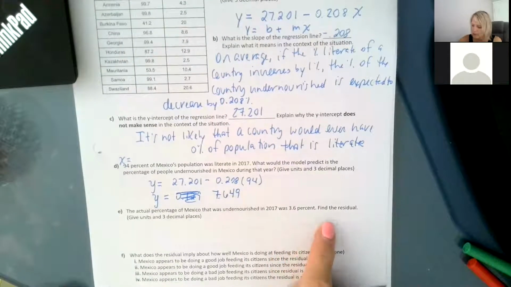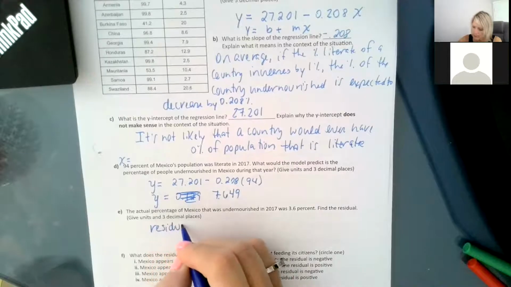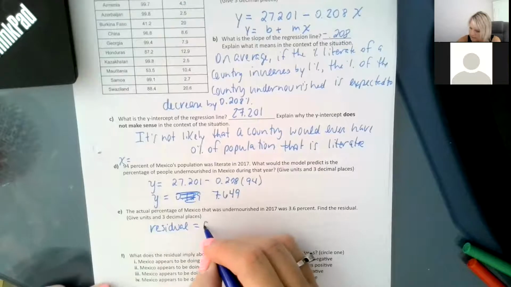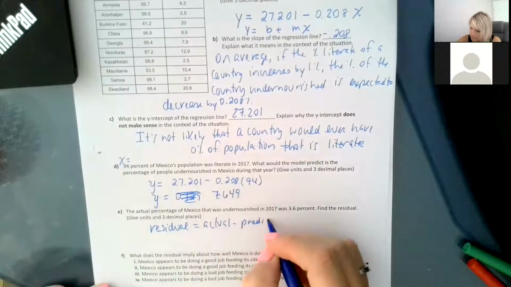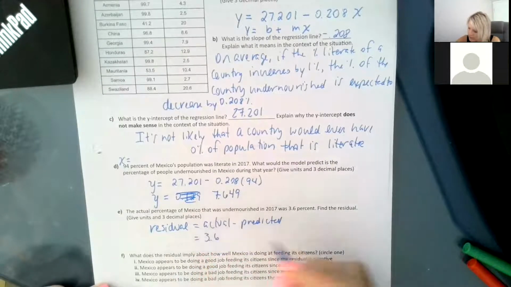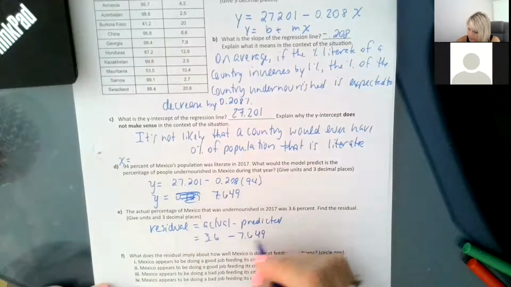Find the residual. So remember, there's a formula in our course pack for residual. It is the actual minus the predicted, and their actual percent undernourished was 3.6, and we predicted 7.649.